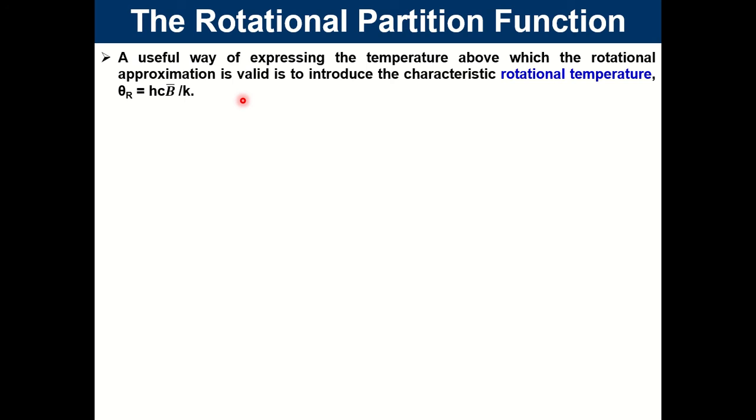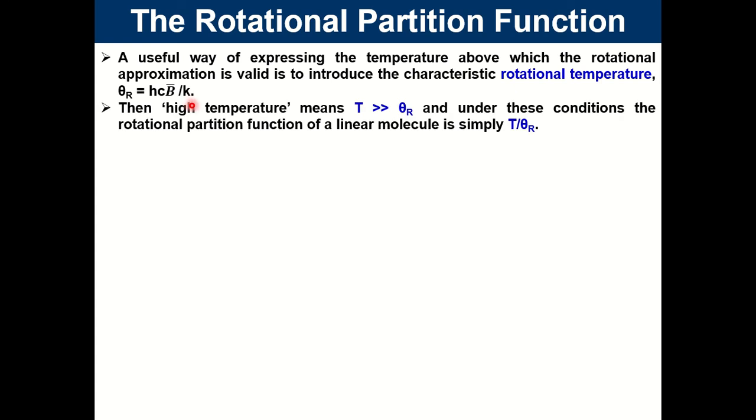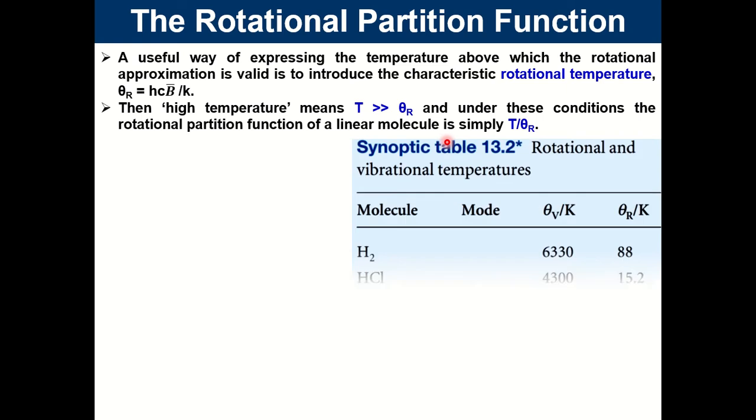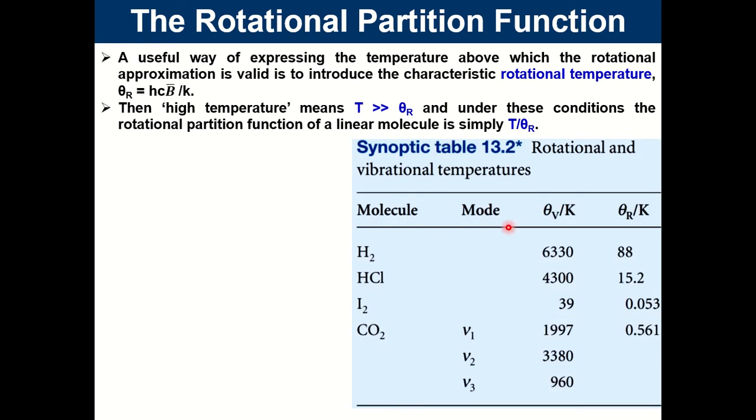The temperature above which the approximation is valid is said to be the rotational temperature, theta r, which is hcB bar by k. At high temperatures, where T is much larger than theta r, the rotational partition function of a linear molecule is simply T by theta r. Theta r is expressed over here.